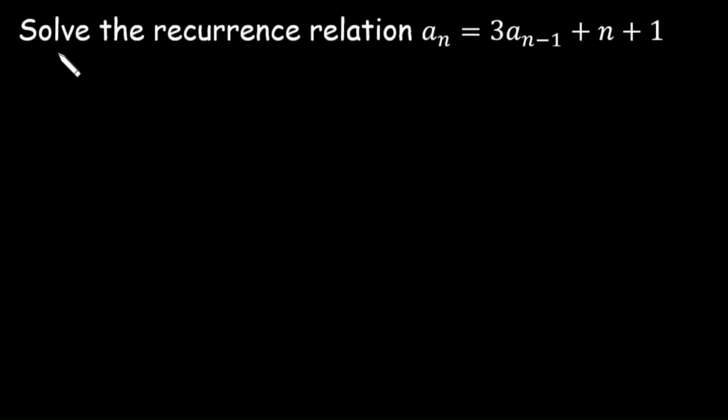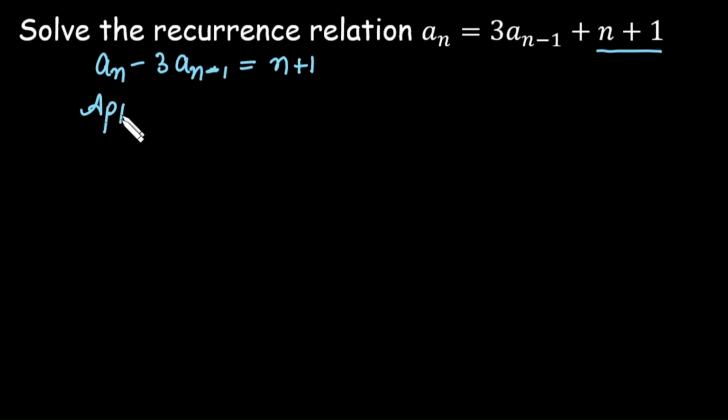The next question we have, solve this recurrence relation. Again we have considered the non-homogeneous case as polynomial. Step 1 is take all the sequential terms on one side and try to remove the negative index if it contains. Like in this case, we have n minus 1, so we will apply the shift operator once.